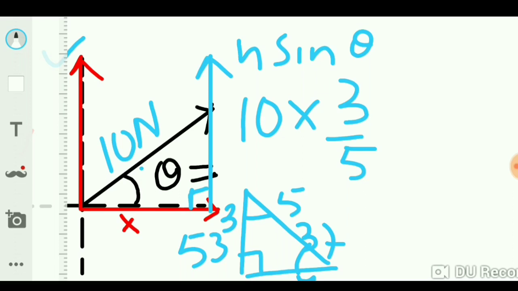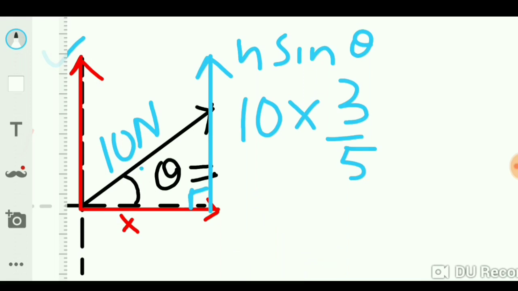The sides will be in this ratio, and as we all know, sine theta, cos theta, tan theta and all the trigonometric ratios are fractions, so the units cancel out. Whatever value they have, they're going to be in the same ratio. So let's get to the calculation now.